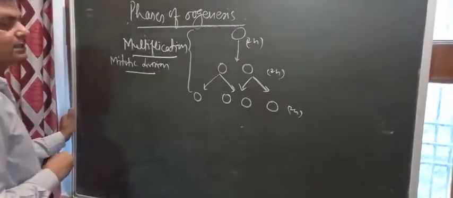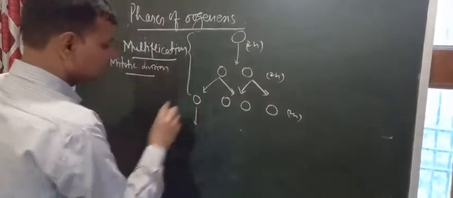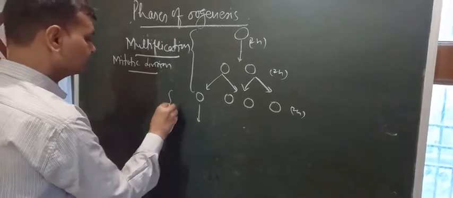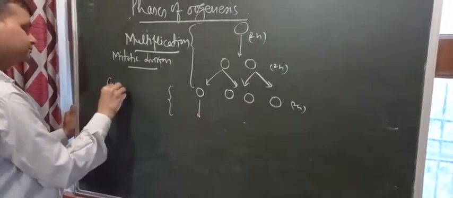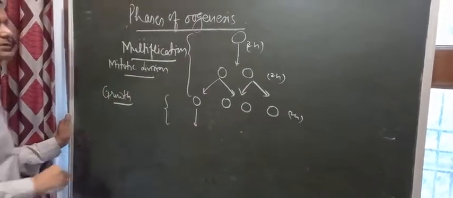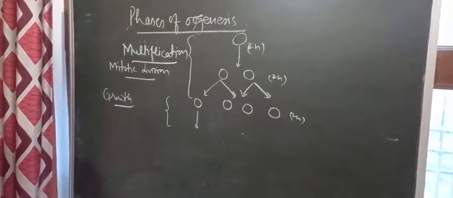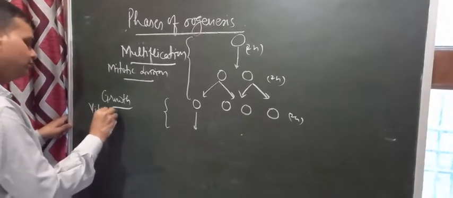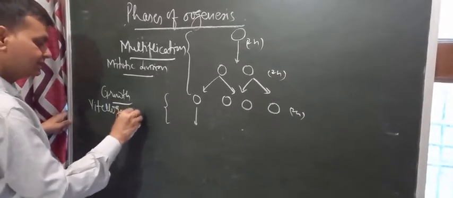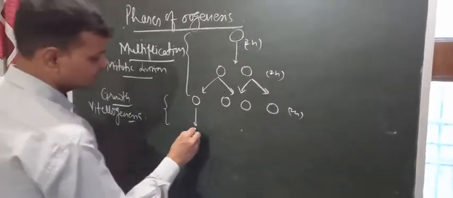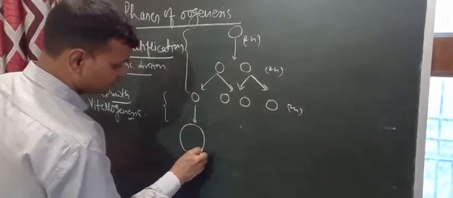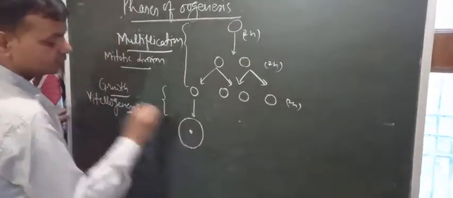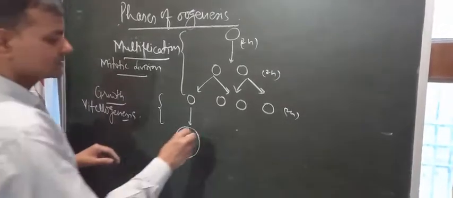Right. Just after that, the next process will continue, that is the process of growth. Growth is by accumulation of yolk, so it is called vitellogenesis, and as a result a big cell is being formed, right, with yolk content, and the ploidy for this cell remains unchanged.